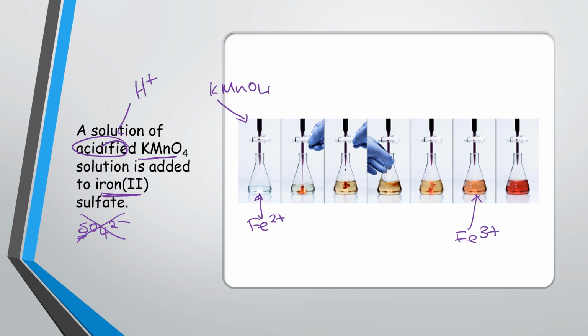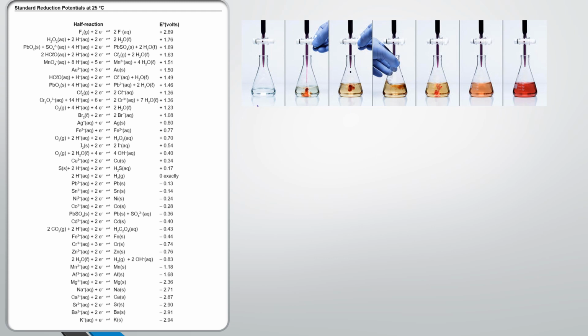So let's look at how. In this particular reaction, we've got iron 2 ions, we've got sulfate ions, which are a spectator, we've got potassium ions, which are also a spectator. We've got permanganate ions and water, which is pretty much a spectator as well, and hydrogen ions.